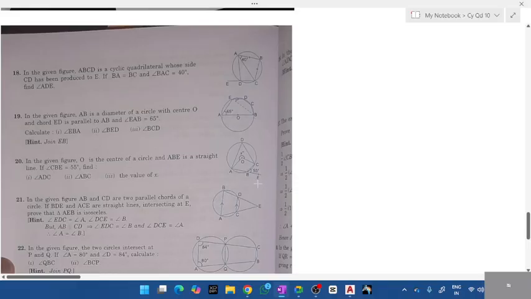Fine. Tomorrow I'll be starting from the 21st question onwards. We have secants, students. BE is outside. BE, AE secant question.